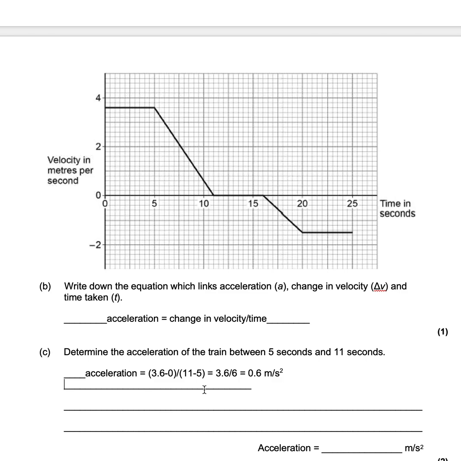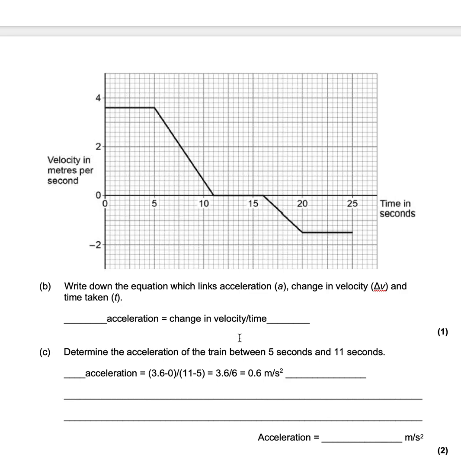You've probably also learned the fact that you find the acceleration from a velocity time graph by finding the gradient. So that is what we've done, because gradient is change in y divided by change in x. So I've looked at the start and the end on the y-axis and I've found the change. I've divided that by the change between where we start looking on the x-axis and where we finish looking on the x-axis. Now you might realise that the train is slowing down, so you might put minus 0.6, but that doesn't really matter. So 0.6 meters per second squared.